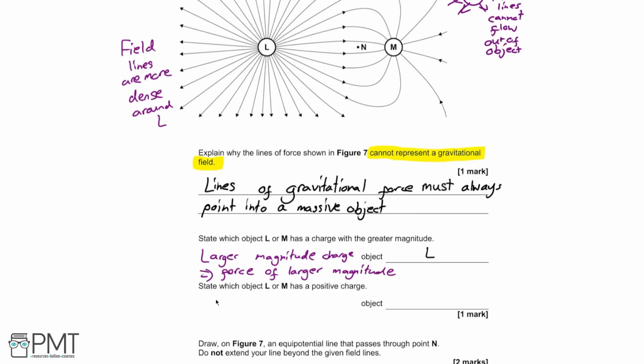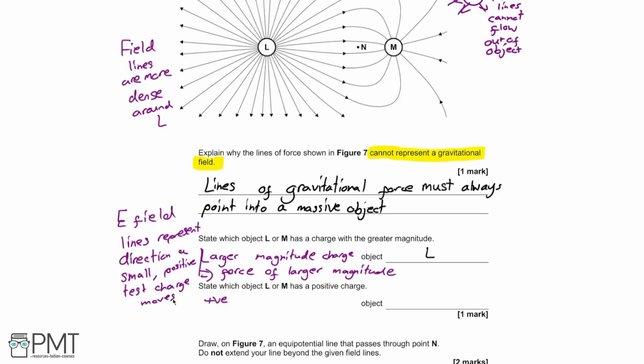As for which object has the positive charge, we know that for positive objects, they want to repel positive charges, and electric field lines represent the direction a small positive test charge will move. So what that means is that positive charges have lines coming out because they want to repel other positive charges.